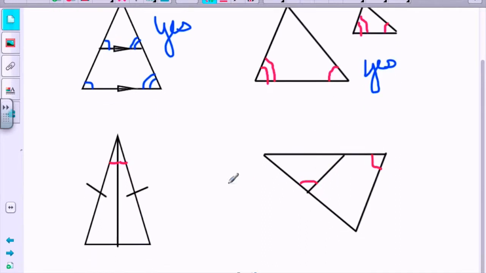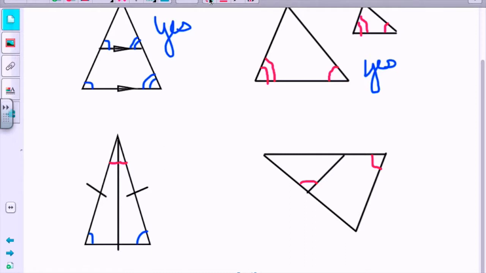Now the one down below, there's a couple different ways you can look at this. I'm going to actually do it one way, but like I said, there's more than one way to do it. If you remove this for a second, what kind of triangle is that? Hopefully you're saying isosceles. So we know these are equal by ITT. Now when I move that back in, look at that, AA.